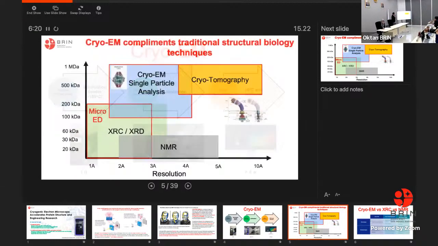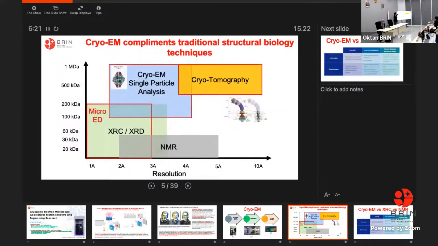Next, cryo-EM complements traditional structural biology techniques. As we can see here, this is the area of X-ray crystallography, and this is another method, NMR. This axis is the resolution, 1 Angstrom, 2 Angstrom, and this is the molecular size, molecular weight.